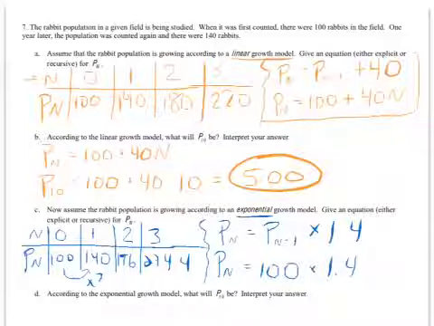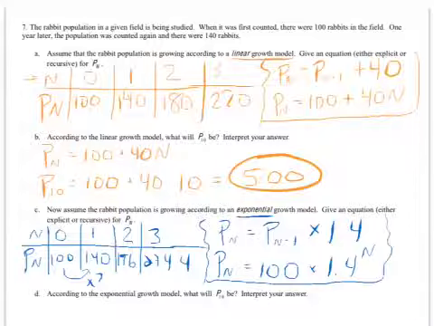And how many times? N times. And to multiply by 1.4 times 1.4 times 1.4 n times, we write that as 1.4 to the n. So these are my two equations, a recursive and an explicit, for the exponential growth.